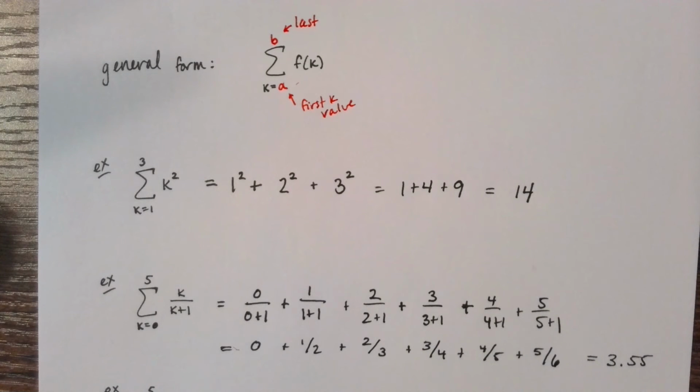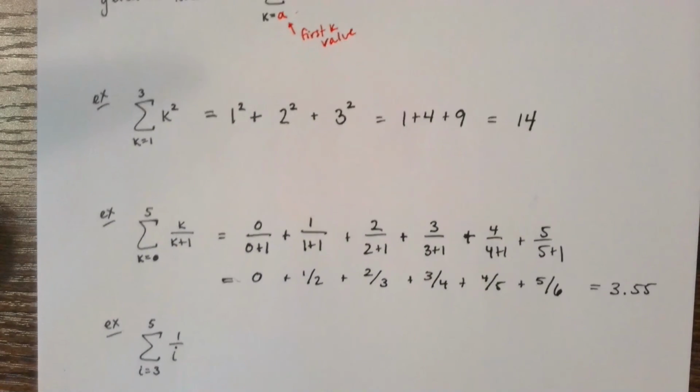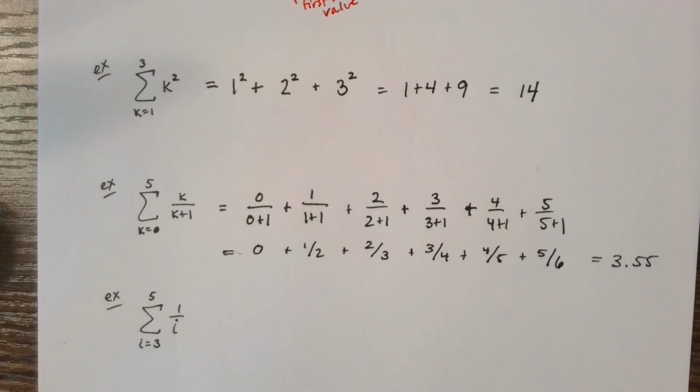Okay, so my next two examples are a little bit different, just to kind of show you where this is headed. So this first example here that's coming up, instead of using k, I've used an I, and literally everything is exactly the same. I want to show you that you'll see this with different letters. K and I and N are all really common, but really this works with any letter as long as you indicate what that letter is in these two spots.